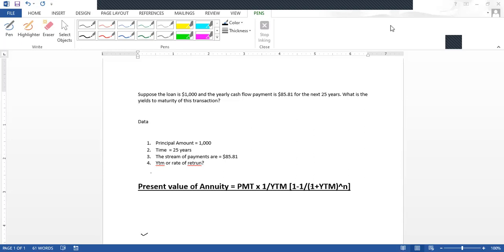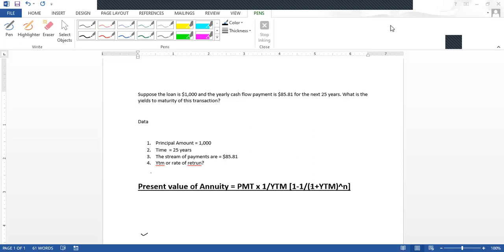The first way is to solve the problem with the trial and error method, that is famous as IRR, internal rate of return, or we can do this with the support of a financial calculator. And let's assume we don't want to solve this problem with the trial and error method, nor are we interested in finding the yield to maturity with a financial calculator.